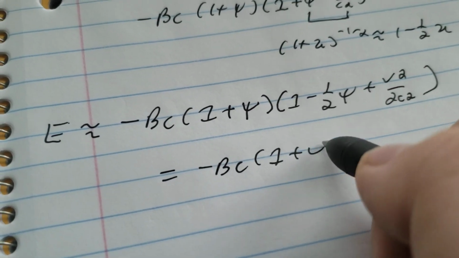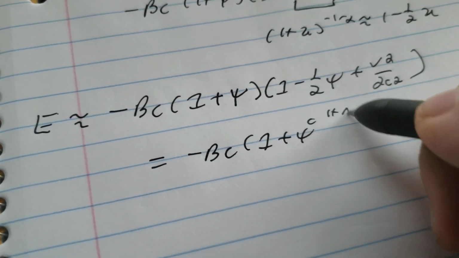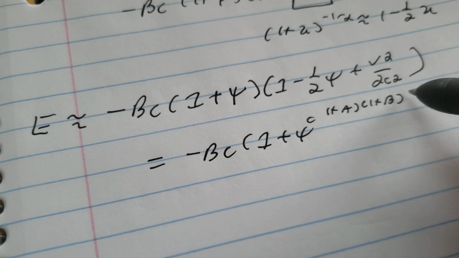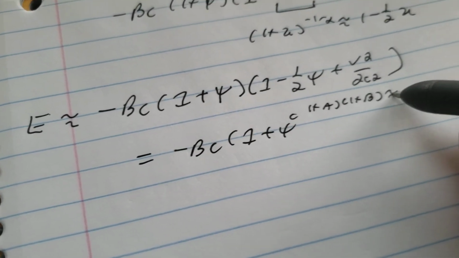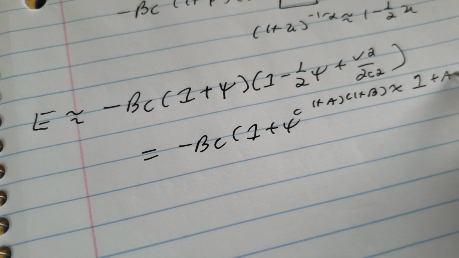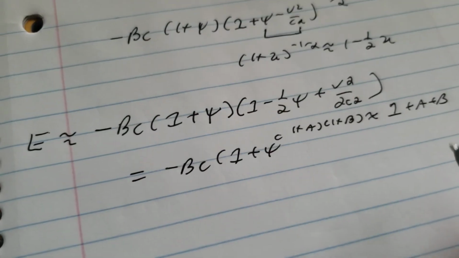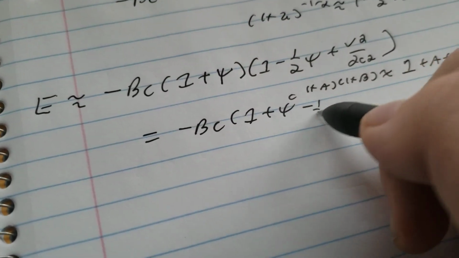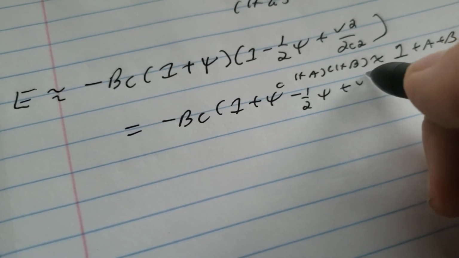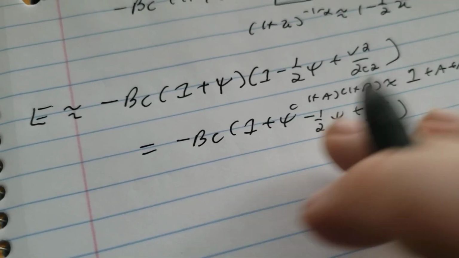And for 1 plus A, 1 plus B, when A and B are very small, it's approximately 1 plus A plus B, because all the AB terms vanish away.